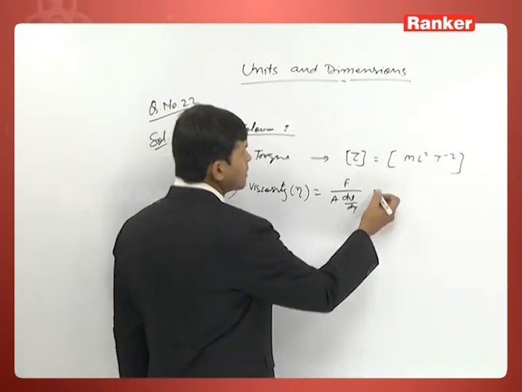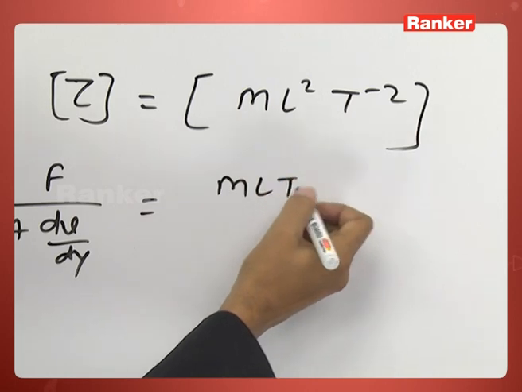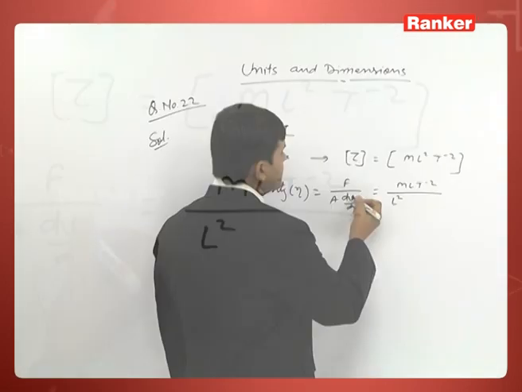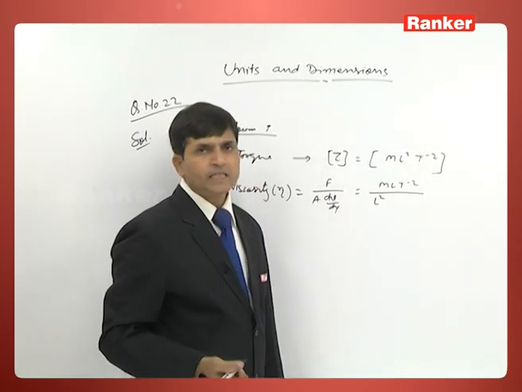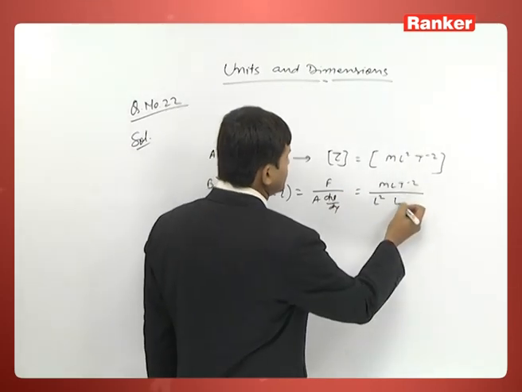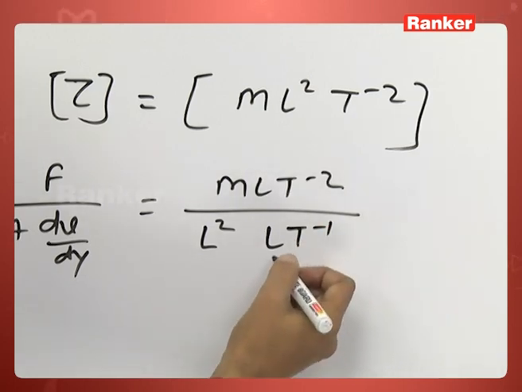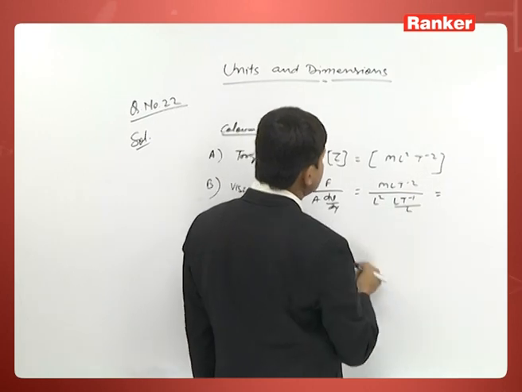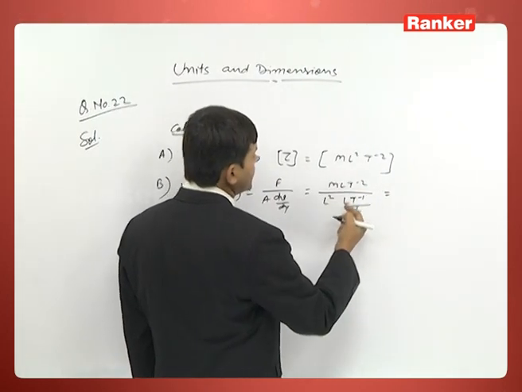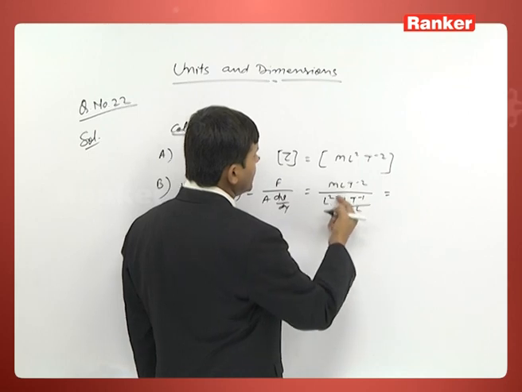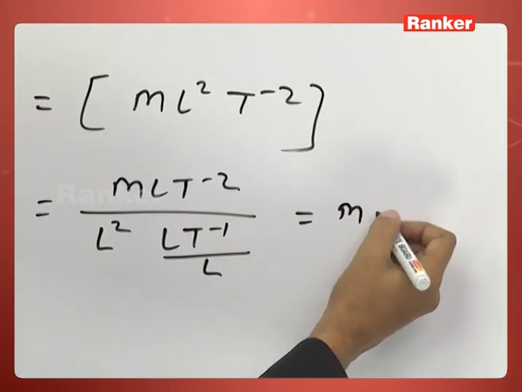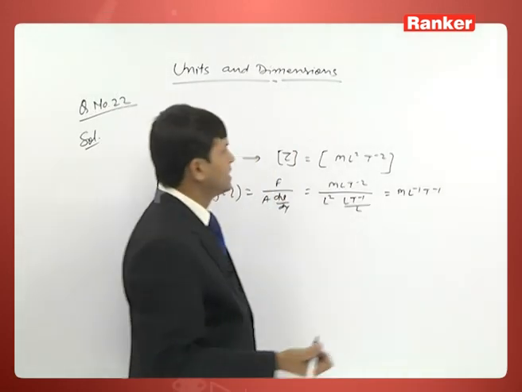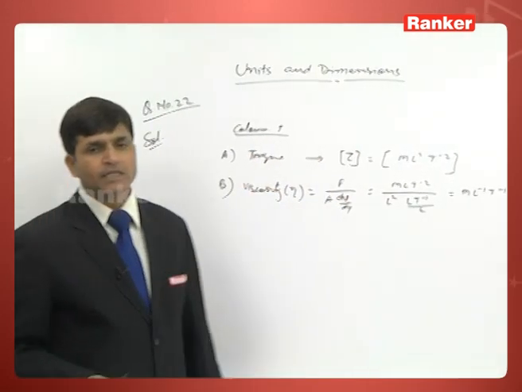Then dimension of F is M L T minus 2, dimension of A is area L square, dimension of dV by dy: V is L T minus 1, and this is L. So finally, the dimension of eta: one L cancels, one L and one T cancel, giving M L minus 1 T minus 1. This is the dimension of viscosity.